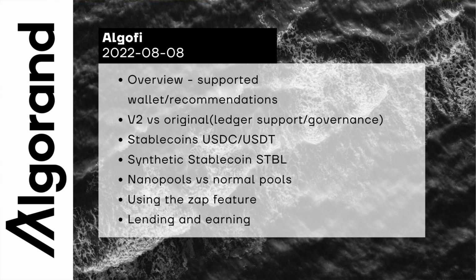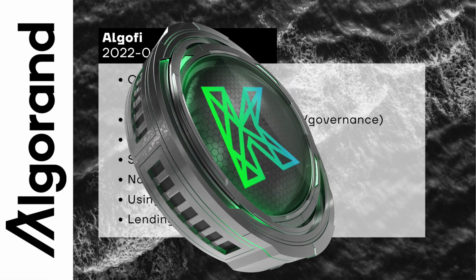Next, we have the synthetic stablecoin STBL, something you guys should know about that is very deeply integrated with the Algofi dApp, so it's really good to know more about that. Next, we'll be talking about the nano pools versus the normal pools, and after that, talking about the Zap feature. And last but not least, we'll be talking about lending and earning. So let's go ahead and head right over to the Algofi website and I'll show you guys what's up.